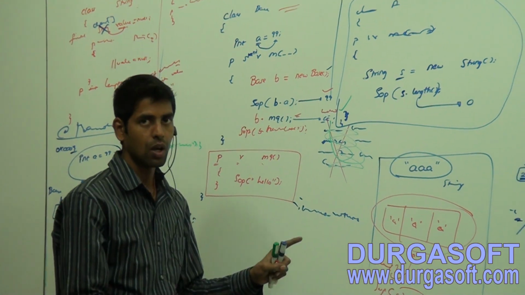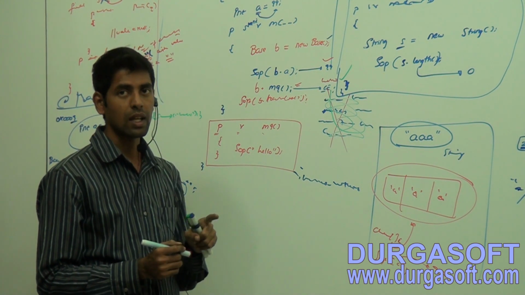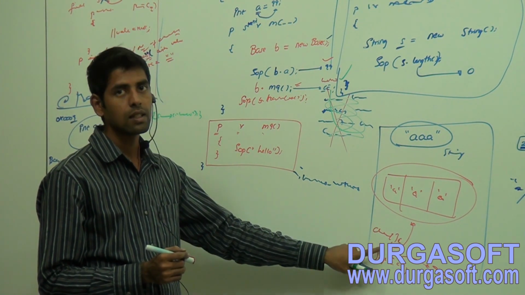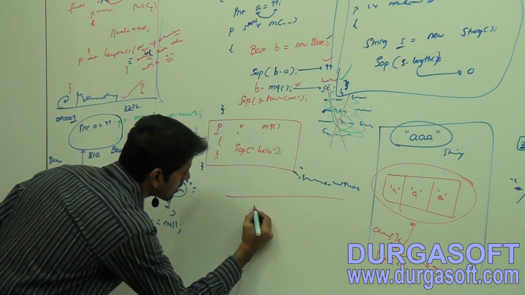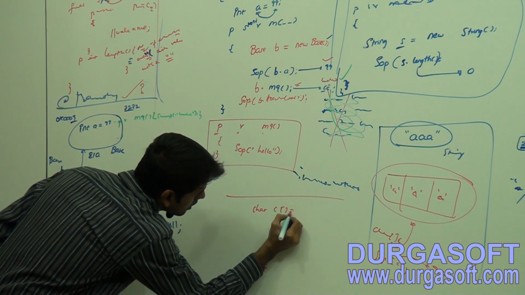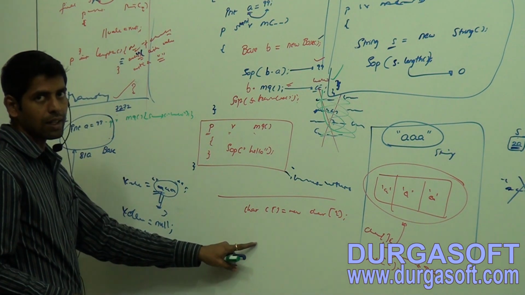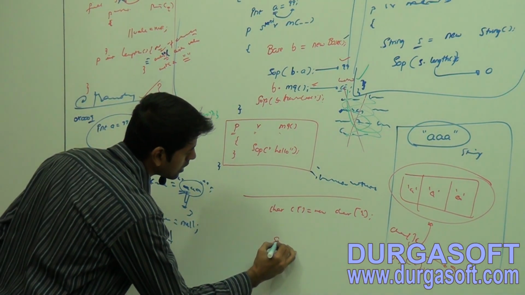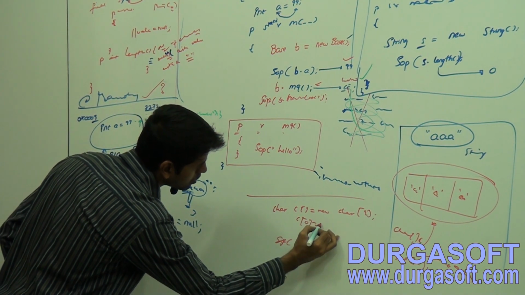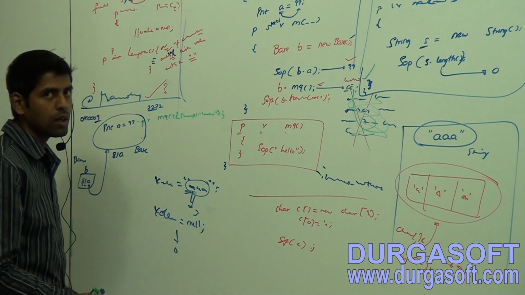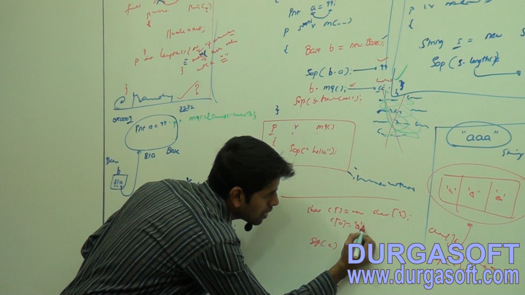Do we have any classes for arrays? No. But how do we create arrays? char c[] = new char[...]. You create like this. Now if I initialize c[0] equals A and print c, what will be the output? A.